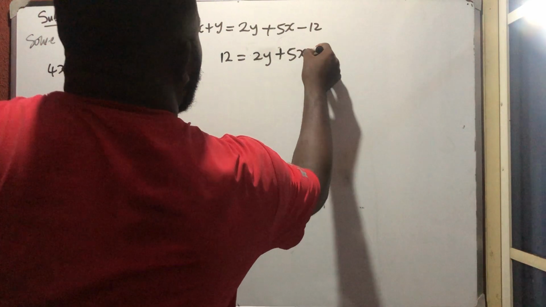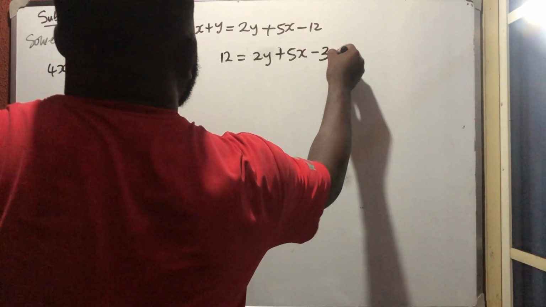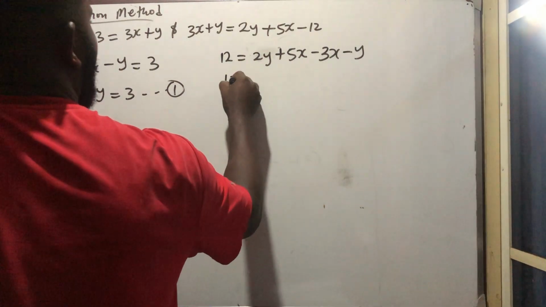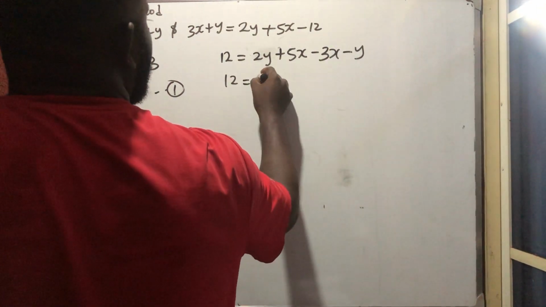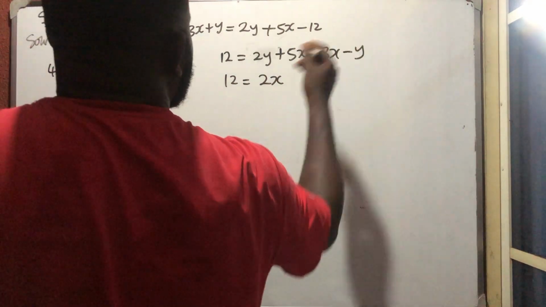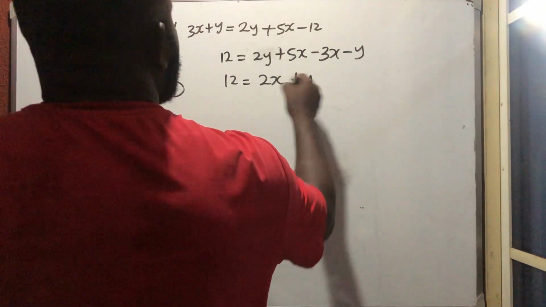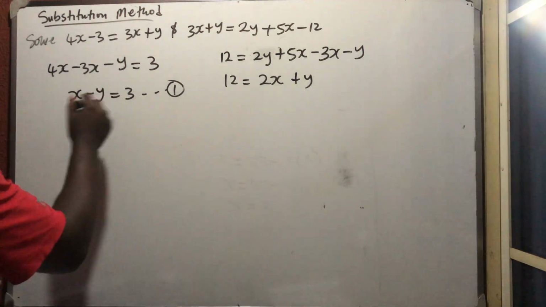This one moving here, minus 3x. This one moving, minus y. So I have that 12 is equal to this, and this gives me 2x. This and this gives me plus y. So I'm having that what?